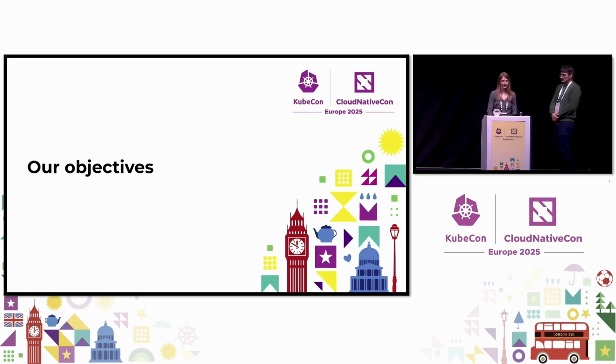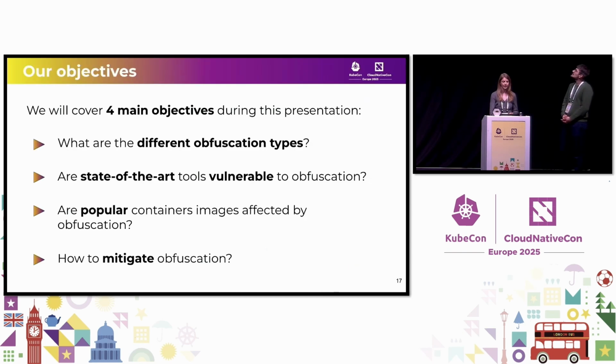So from this observation, we derive a list of objectives that we would like to cover during this presentation. And in this work, we make the assumption that the container obfuscation is only unintentional, meaning it is not introduced on purpose and for malicious intents. And first, we want to understand what are the main types of obfuscation and how they occur.